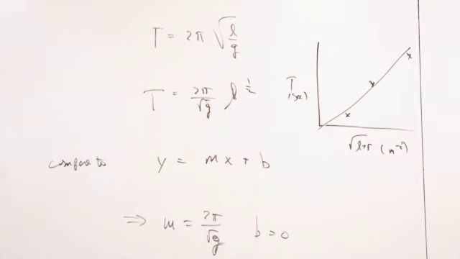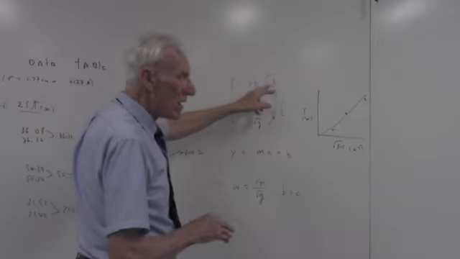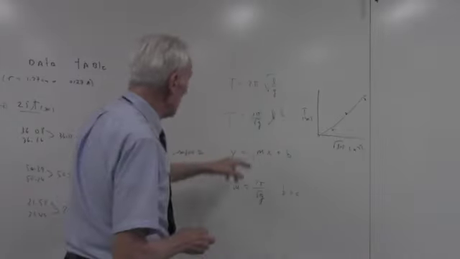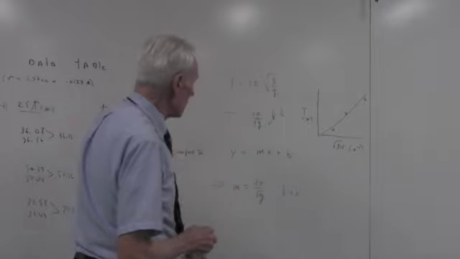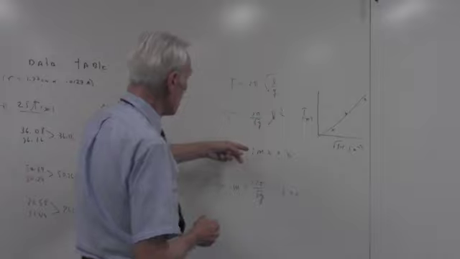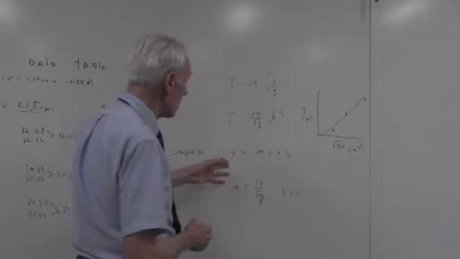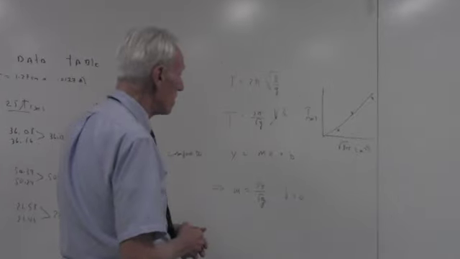So I should have written square root of L plus R there, but you know what I mean. This is the ideal simple pendulum length. X is the square root of the ideal simple pendulum length, and m is the slope of this curve, and b is the y-intercept. And of course, a zero-length pendulum will have a zero intercept.